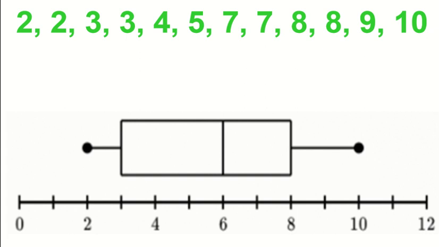The first quartile, that line right there. What is my median? 6. The median is the line through the middle of the box. What is my third quartile? 8 is my third quartile.